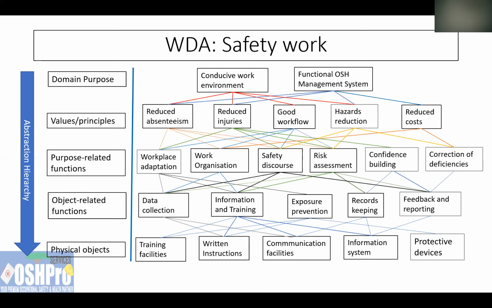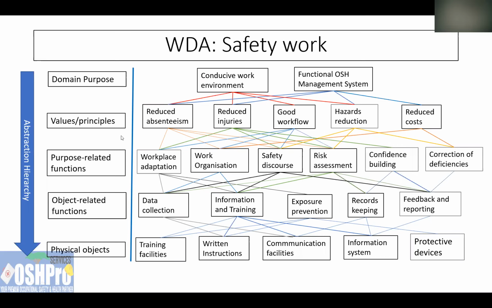So data collection, how do we collect the data? Exposure prevention, how will we prevent exposure? We have to analyze how we are going to do that, and then we put strategies in place. So you see, the most important part of the cognitive work analysis is to do the work domain analysis.